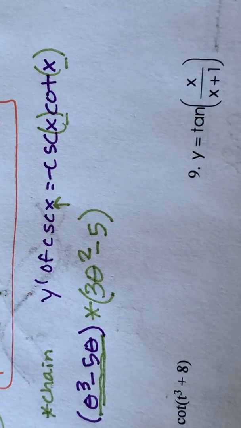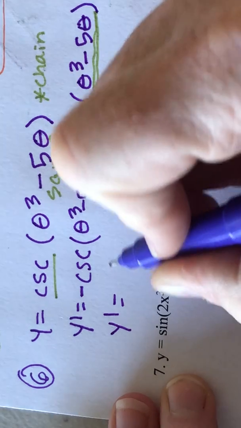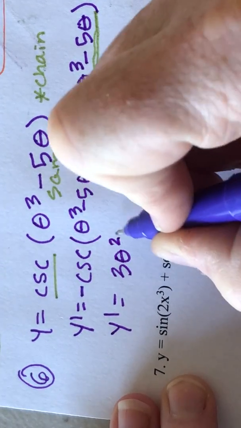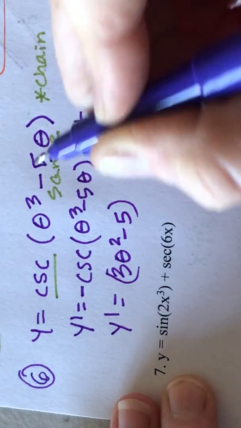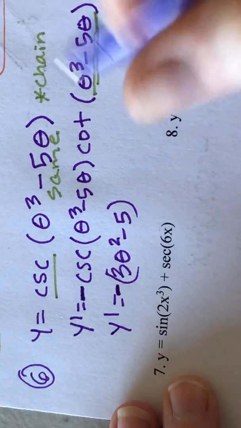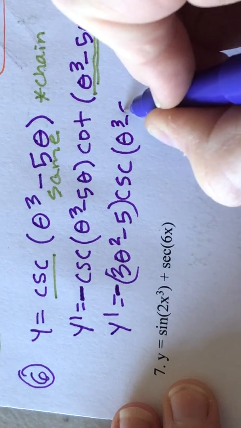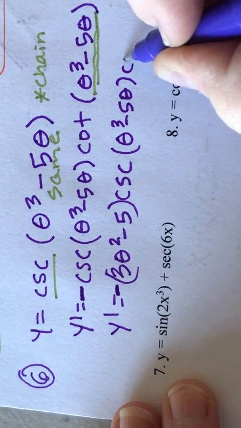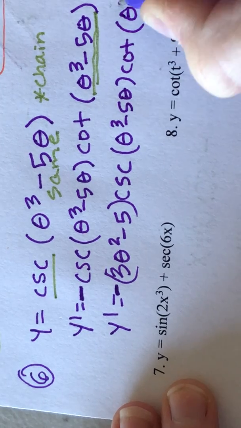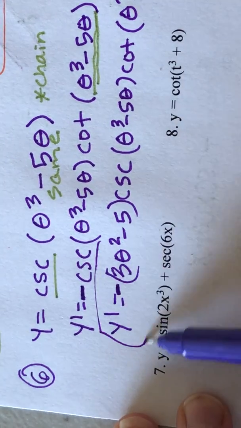All right, so our final answer here would be y prime equals 3 theta squared minus 5. Oh, and there's a negative, so I'll pop that in front. Okay, cosecant of theta to the third power minus 5 theta cotangent of theta to the third power minus 5 theta. Okay, that's y prime.